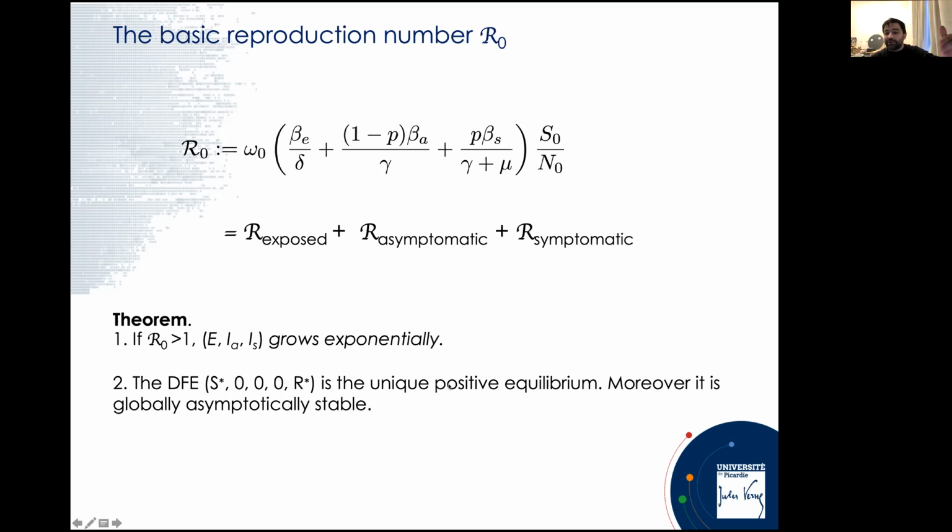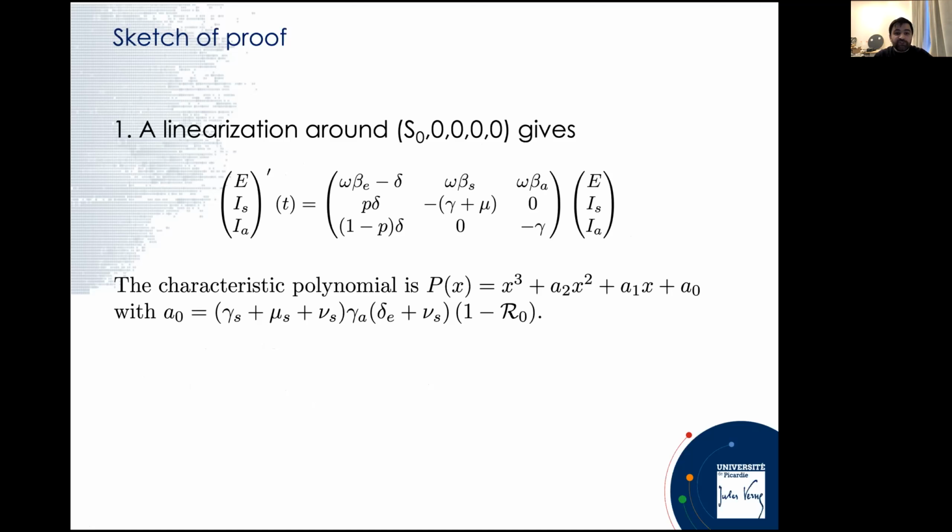But this is a convergence in terms of mathematics. The mathematical time is not the biological time. The proof is not complicated. As I told you before, you make a linearization around the initial condition, so you have to solve a linear system. This is the matrix you have. When you look at the characteristic polynomial, you can compute the eigenvalues if you really want, but you don't need to.